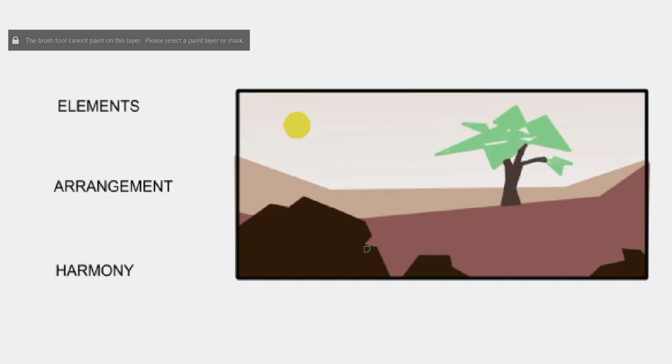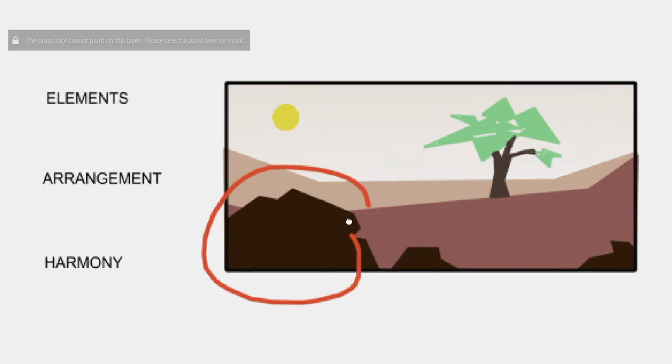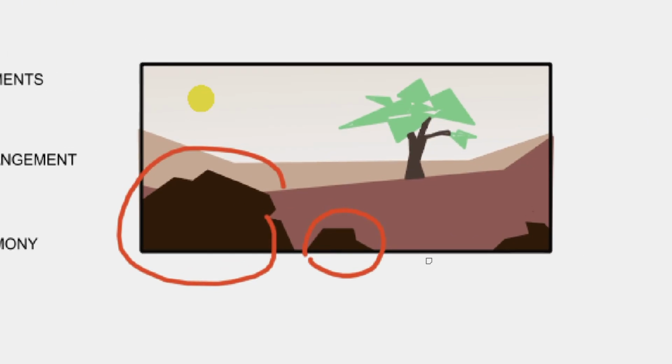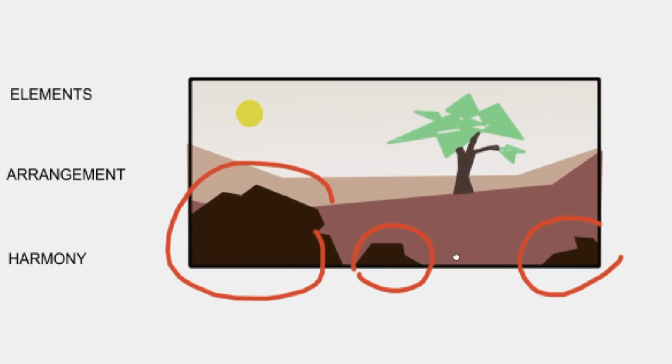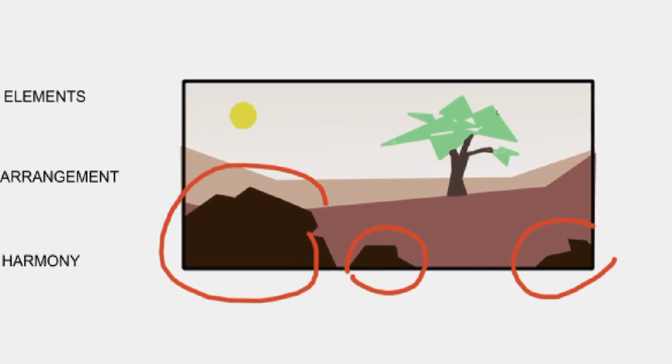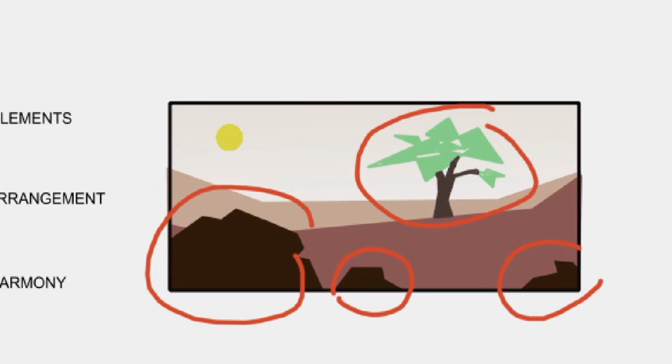Elements like this rock here in the foreground. These rocks here in the foreground. The tree, which is the main focus of this drawing, along with this piece of land right here, right?